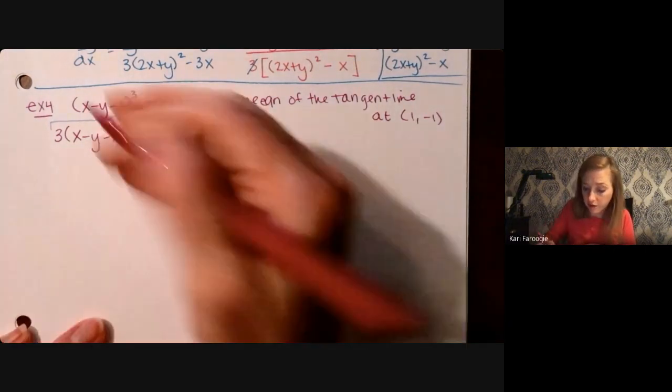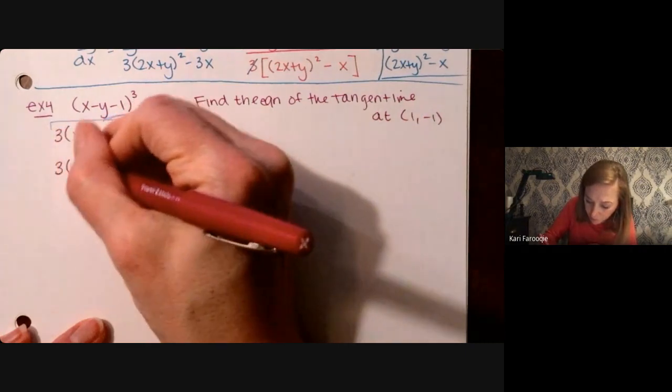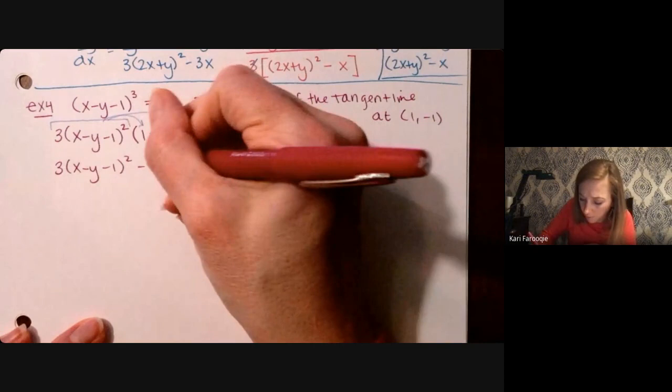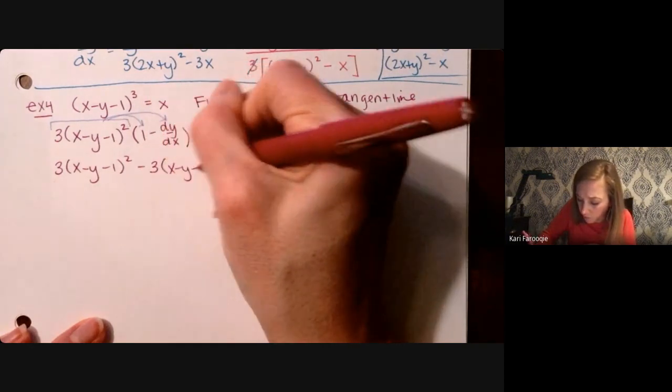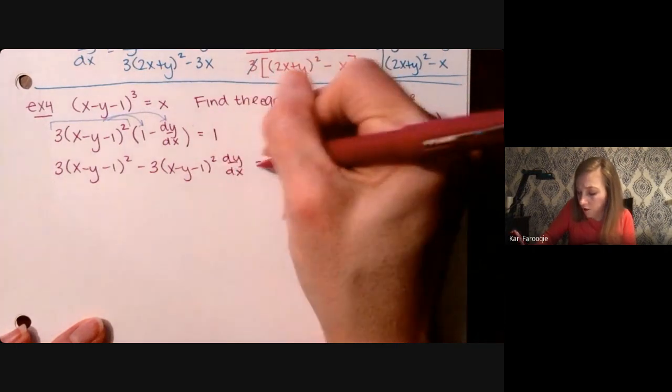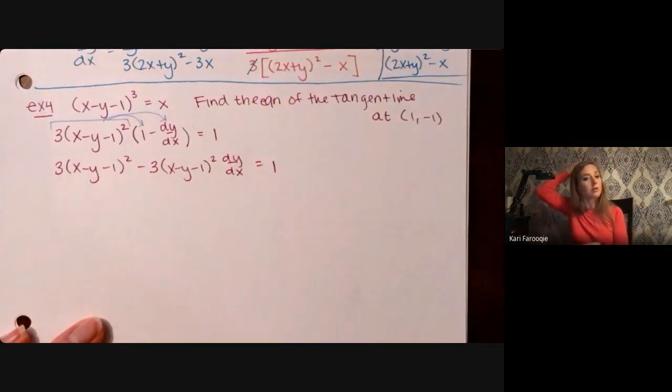Right now we don't have that situation. So we have 3 times (x minus y minus 1) squared minus 3 times (x minus y minus 1) squared times dy dx equals 1. So we just took that factor of 3 times (x minus y minus 1) squared and multiplied it by 1 and by dy dx, and we subtracted.